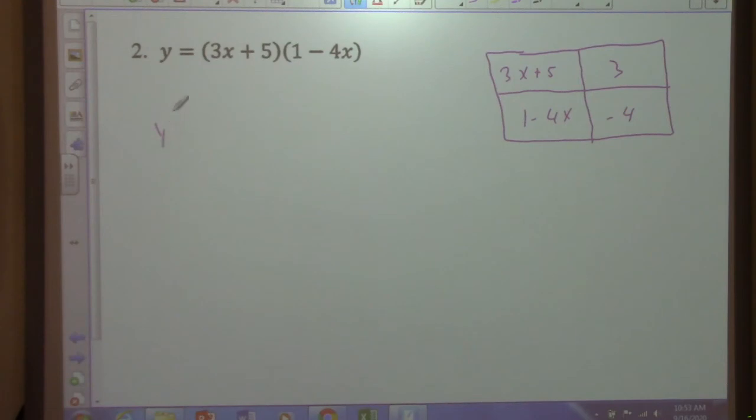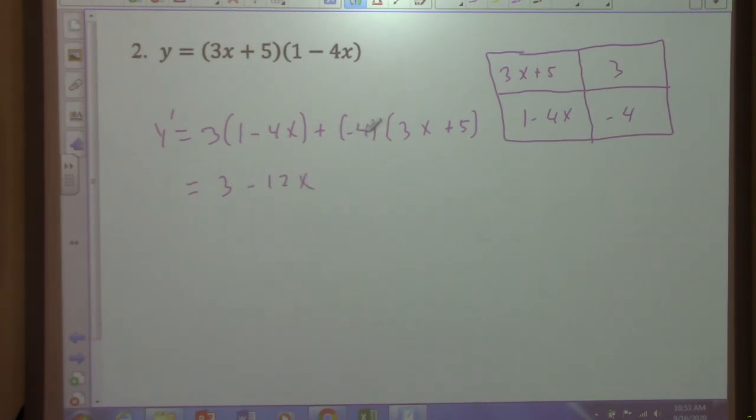And then y prime is going to be that. 3 times 1 minus 4x, plus, it's going to be plus, well that's going to be negative 4 times 3x plus 5. And then other than this, you can just simplify and combine like terms if there are any. So you get 3 minus 12x.